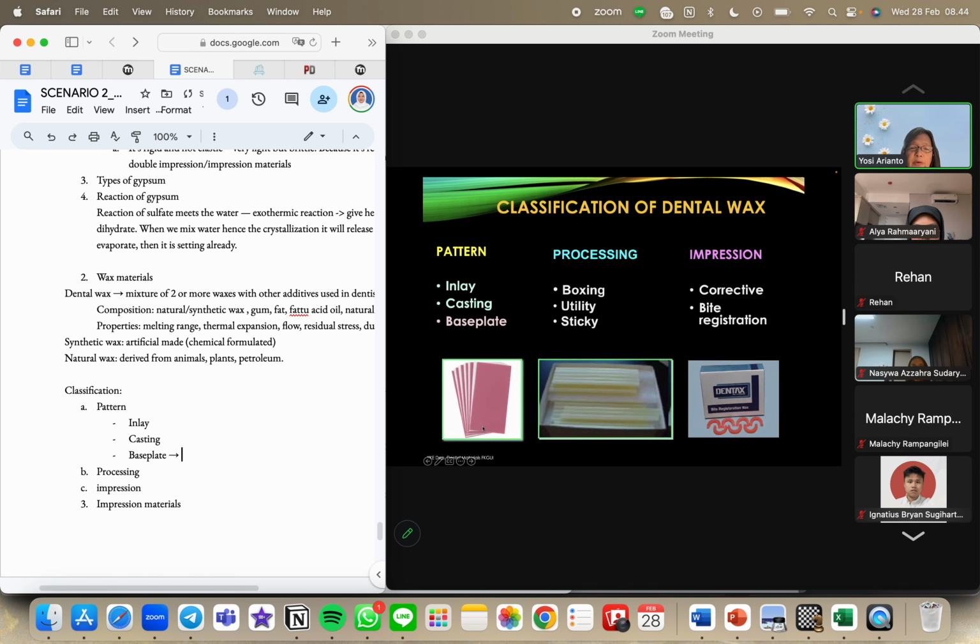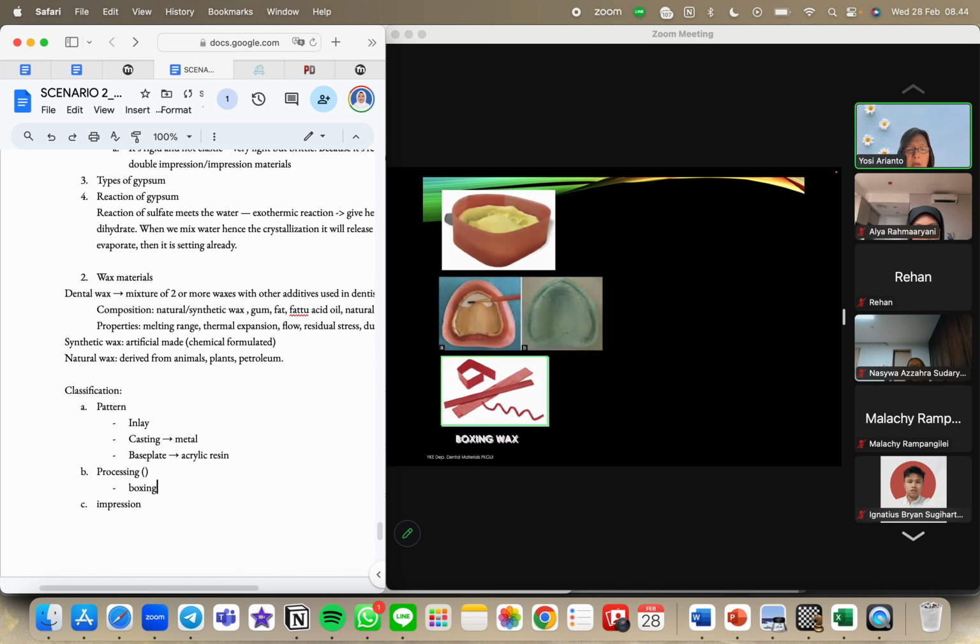Then processing wax: when we work with wax, sometimes we use boxing wax.